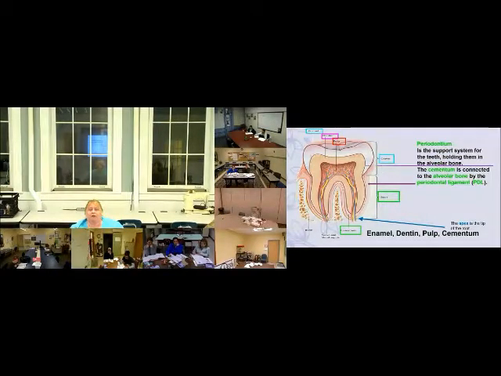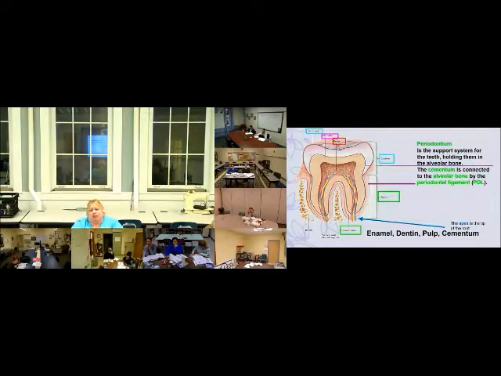Notice how the enamel stops at the root. Cementum is the layer that covers only the root surface. And the dental pulp is the nerve and blood supply for the tooth. It's the living part of the tooth. And it sends its fingers, that nerve and blood supply, into the dentin. Nerves more than the blood supply.